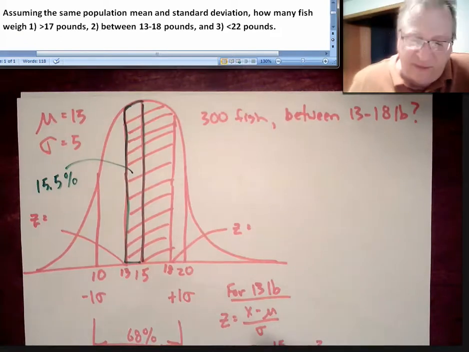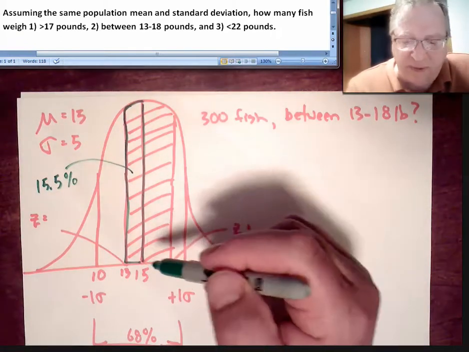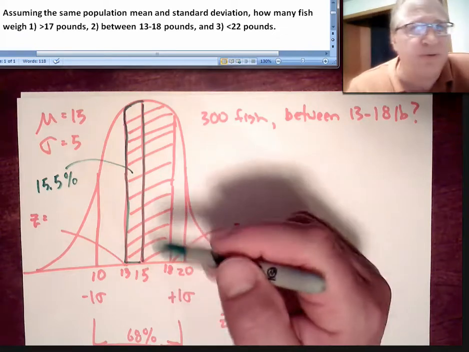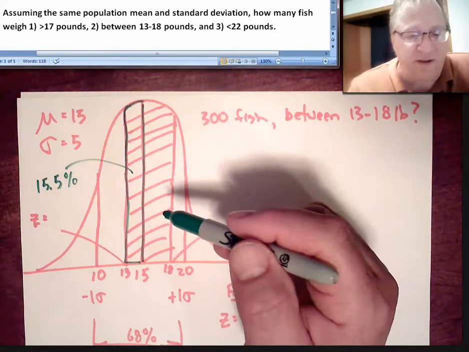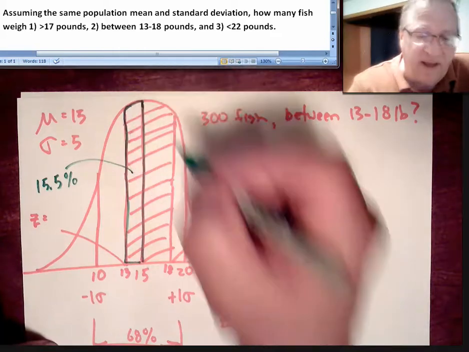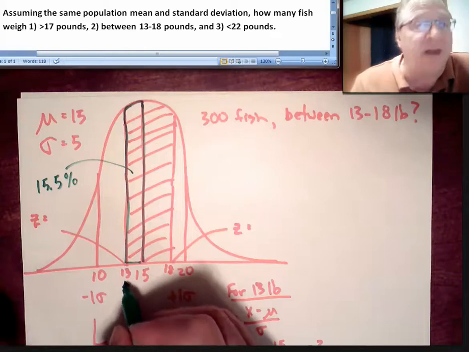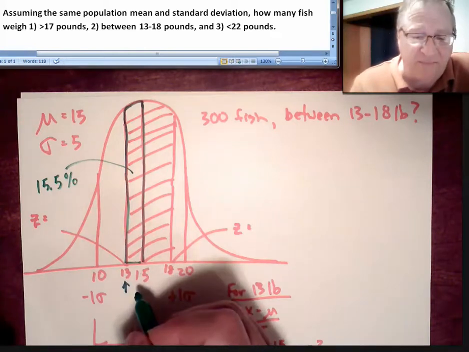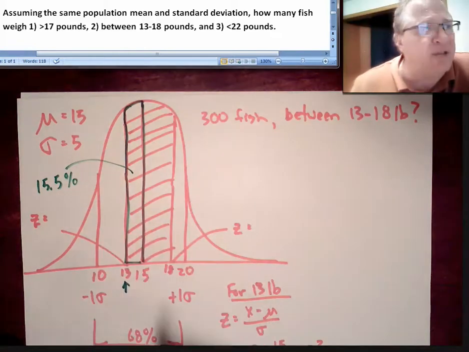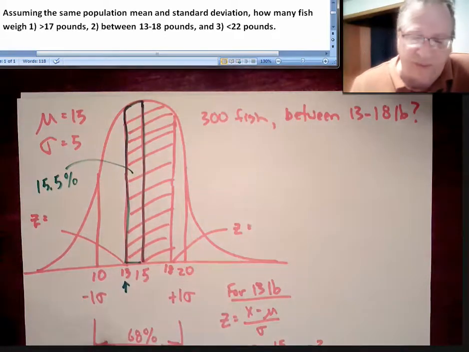Recall that when we go to the table of z-scores with a z-value, we're given an area, usually represented as A. It's the area between the value you're interested in, in our case 13, and the mean, which tells us that sliver, which I've now circled in green, is 15.5%.